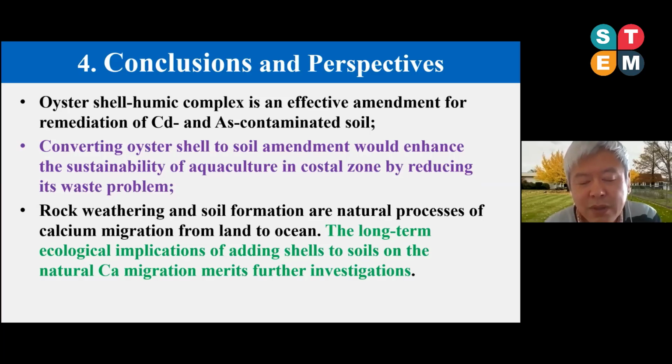So by this work, if we put the oyster shell back into soil, we actually bring calcium back into soil. What effect could this human activity have on the whole ecological consequence, because the calcium migration from land to ocean has been partially reversed? So this is a theoretical question we would keep an eye on long term.